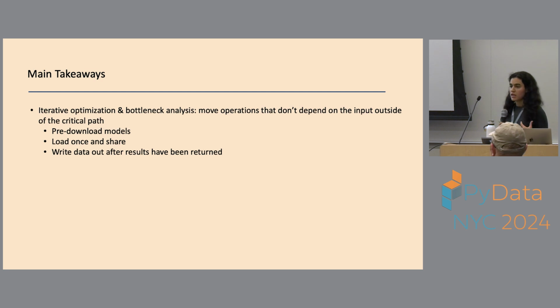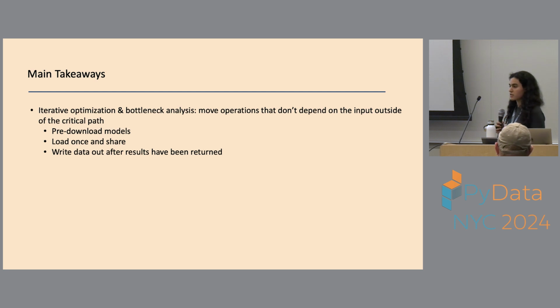Just go back to the beginning and sort of like the thinking around how we solved the problem. We iteratively sequenced our code, found bottlenecks and hotspots, and worked to either optimize those or remove them if they did not depend on input data. And so this is a strategy for iteratively speeding up code.